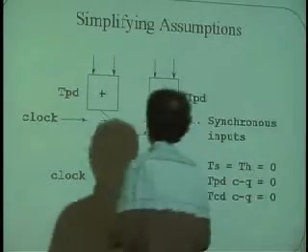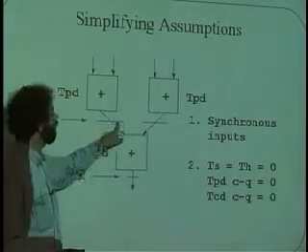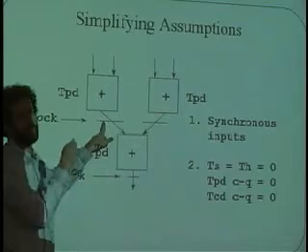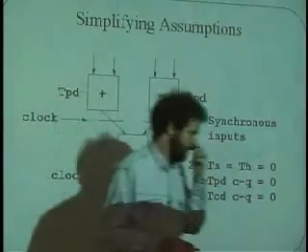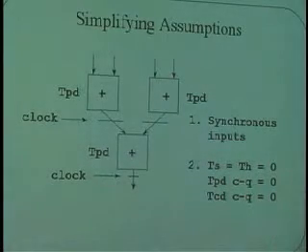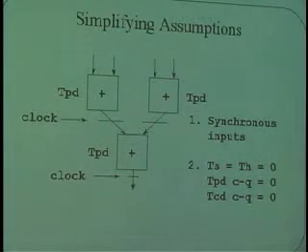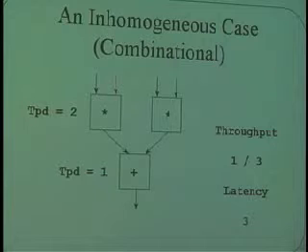Now, in general, we're going to use a straight line like this as opposed to drawing the whole register in order to show that there is a register in that path of the circuit. That just makes it a little bit easier to do.